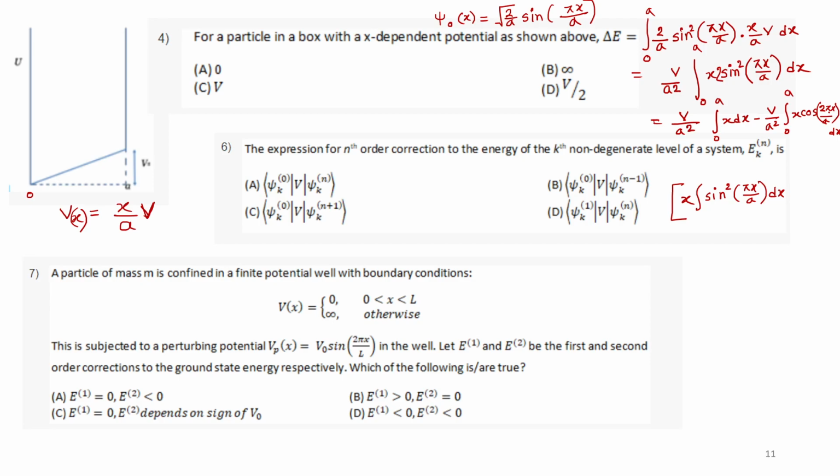So what I have done: 2 sine square pi x by a is 1 minus cos 2 pi x by a. So that is what I have done.